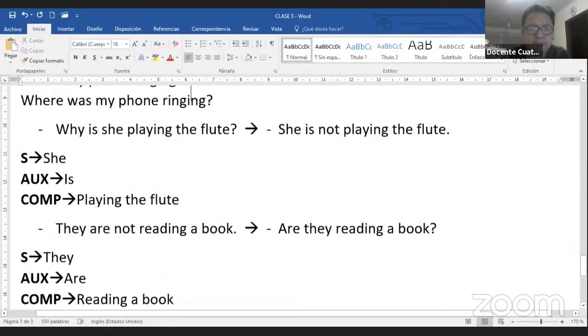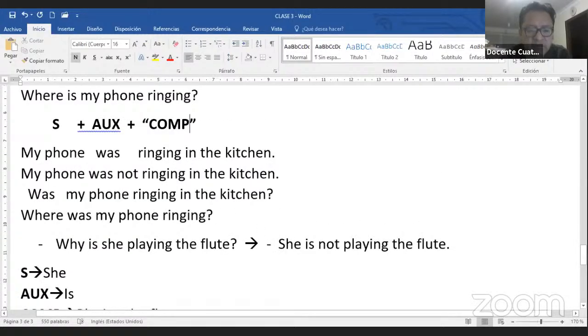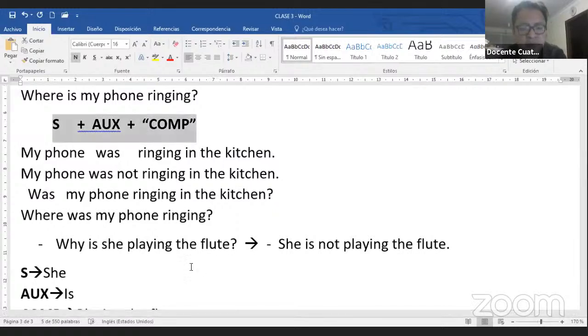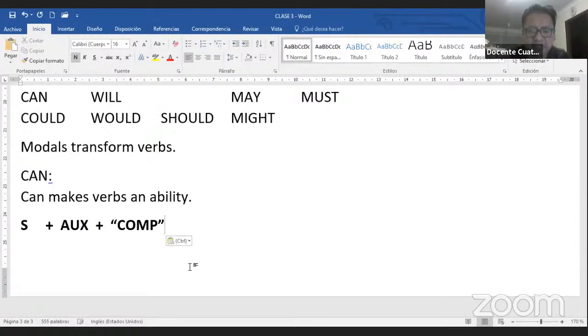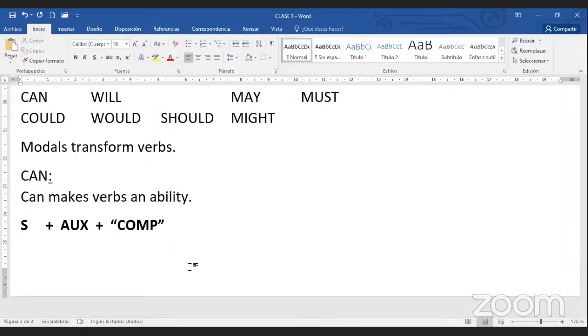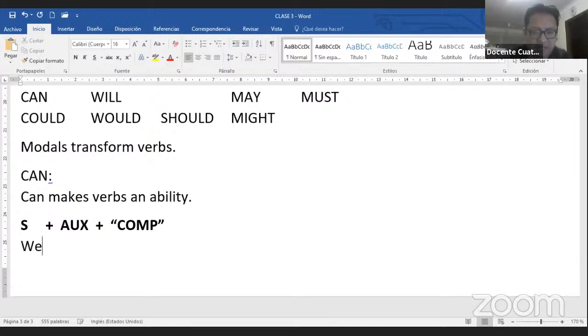Okay, let's write an example that would be better. Liber, give me a subject. We. All right.